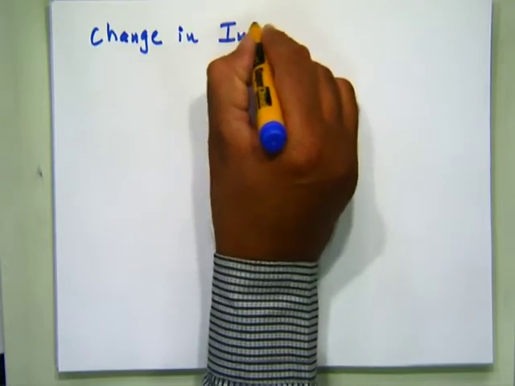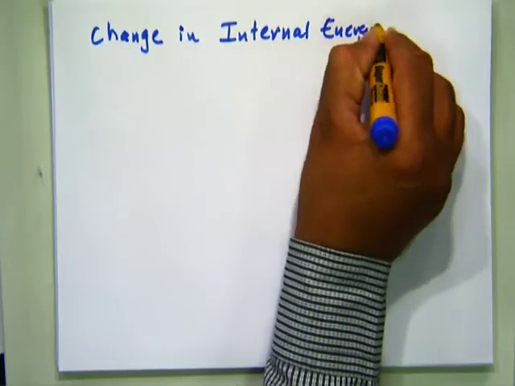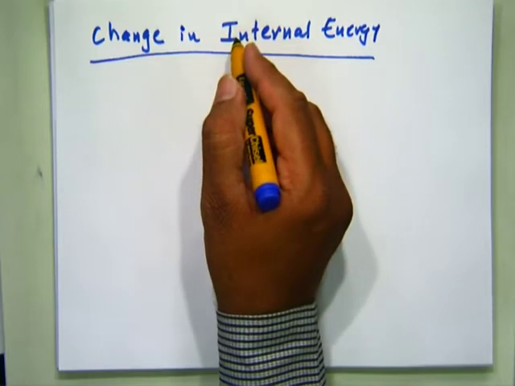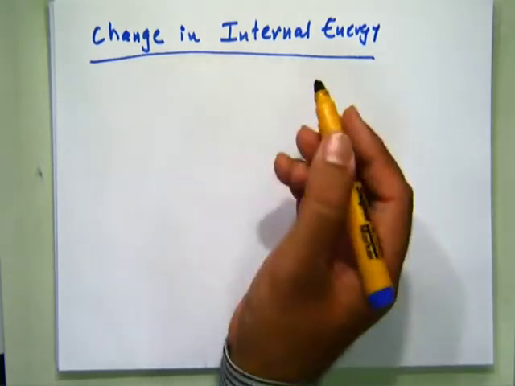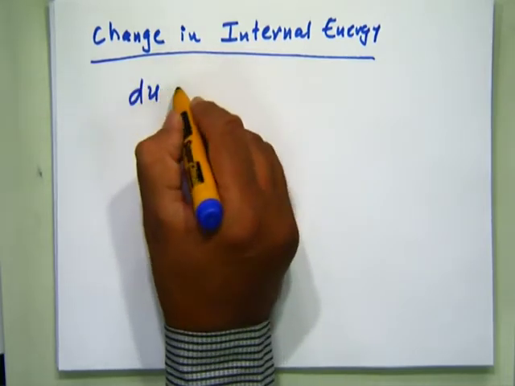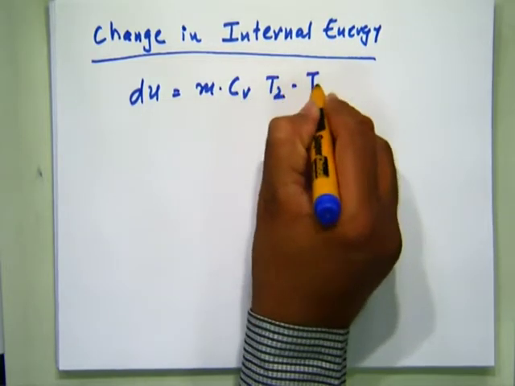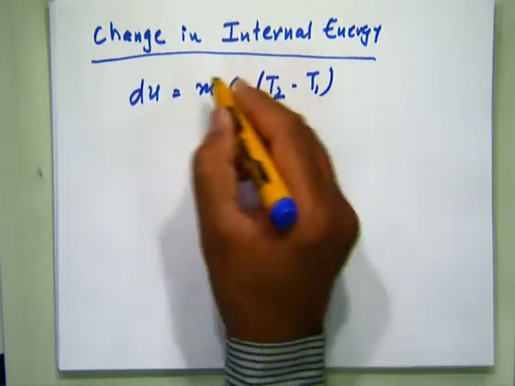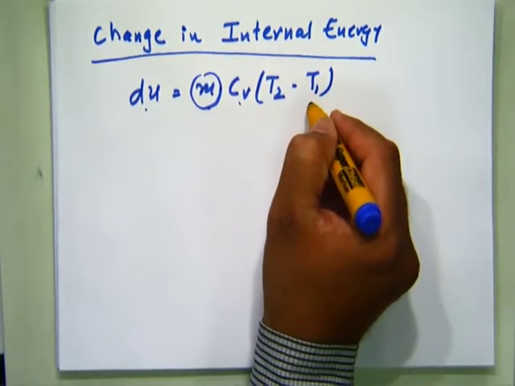When the volume remains constant, the change in internal energy you can write as dU is equal to mCv (T2 minus T1). For unit mass of gas, m becomes 1, so dU is equal to Cv (T2 minus T1).